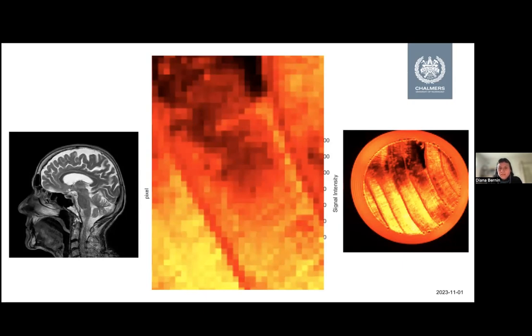And this also gives you the resolution of an image. So when you image, for example, a sample which is 1 centimeter, and you say you want to have 10 voxels, then you have a resolution of 1 millimeter, or 1000 microns. And if you have 100, then you have 100 microns. So this is very important to keep in mind.